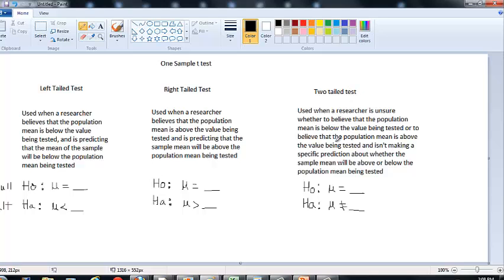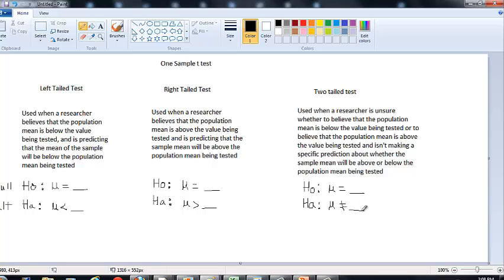In a two-tailed test, the researcher is still trying to reject the possibility that the population mean simply equals the value being tested. But now the researcher doesn't have a reason to believe ahead of time whether the population mean is above or below the value being tested. The researcher is basically just hoping to reject the possibility that it's equal to the number being tested, and to support the idea that it simply doesn't equal the value being tested.